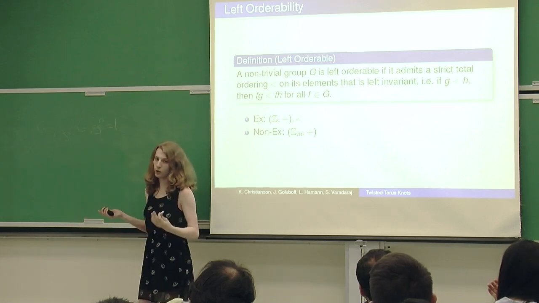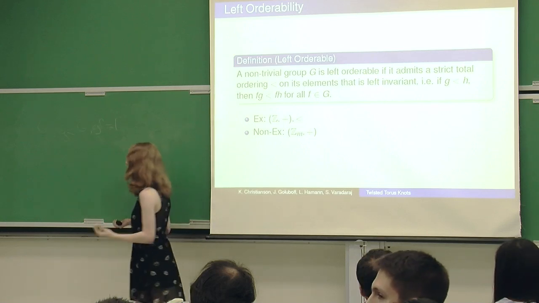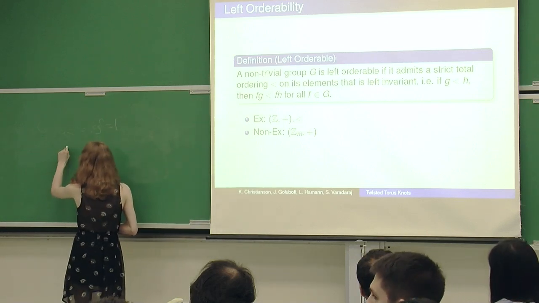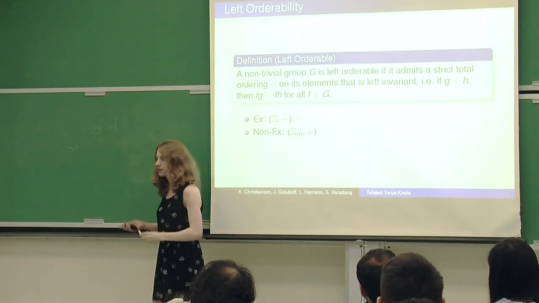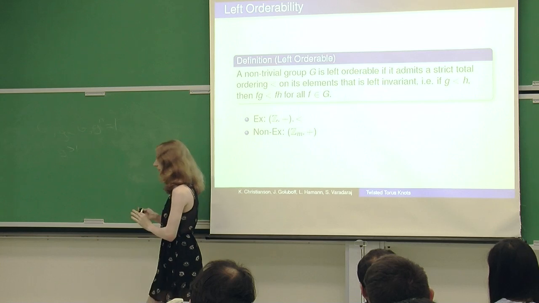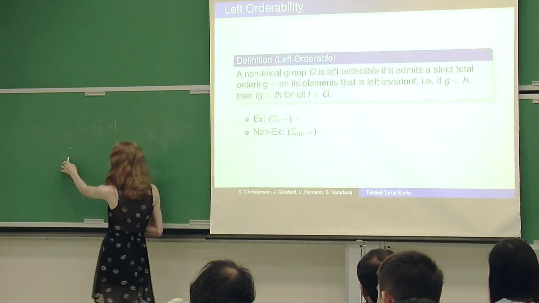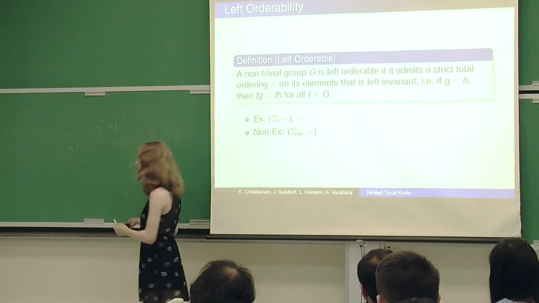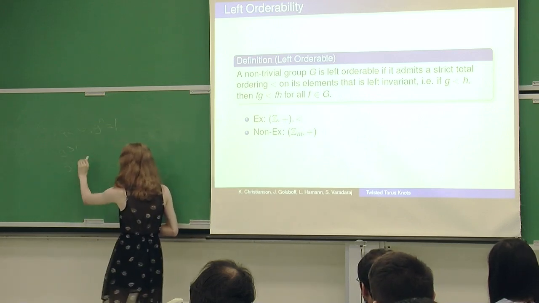g must be either greater than or less than the identity, right? Without loss of generality, assume it's positive, greater than the identity. So if g is greater than 1, we can multiply on both sides by g, so you get g squared is greater than g.